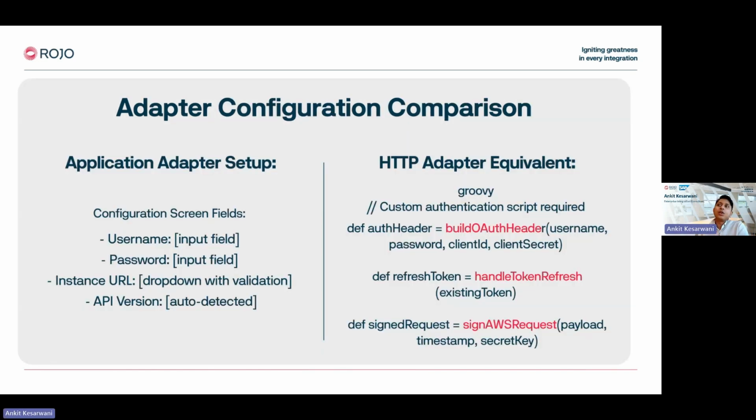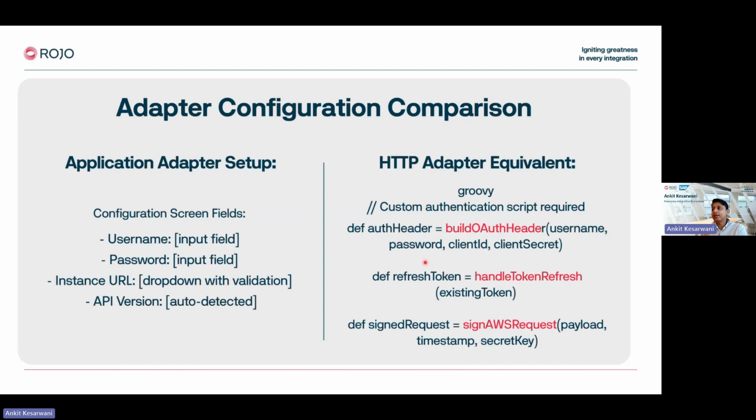And this is an example of how it looks when I'm using an application-specific adapter versus the HTTP equivalent adapter. So here, if you see, I'm mostly configuring which operation I want to use, which API version I want to use, my credential, that's it. On the other side, I have to manage all that orchestration in code. I will have to handle the token.